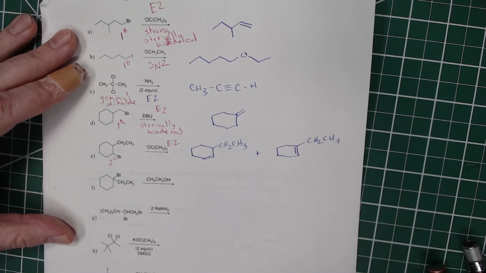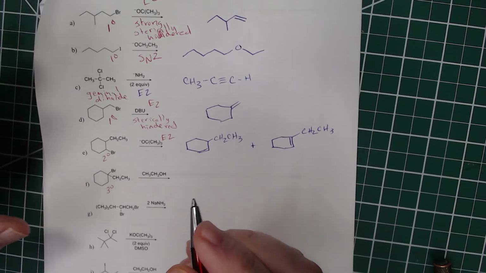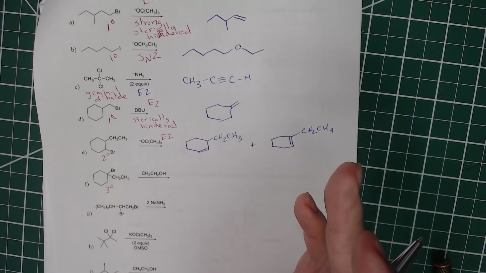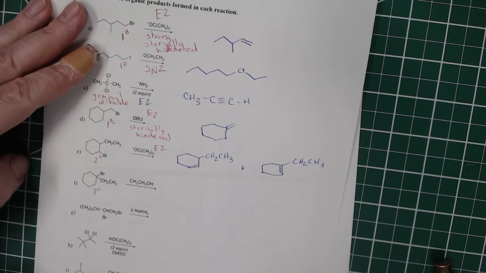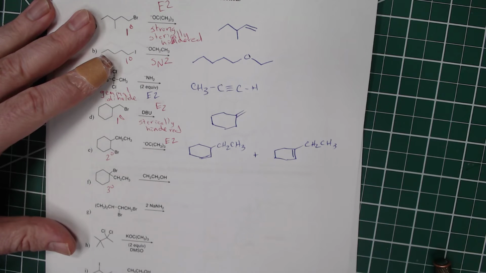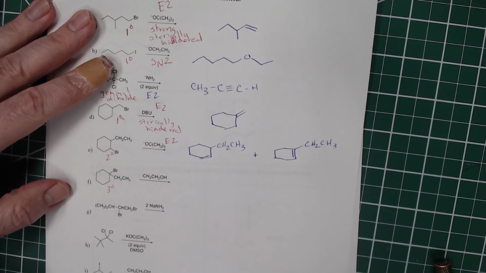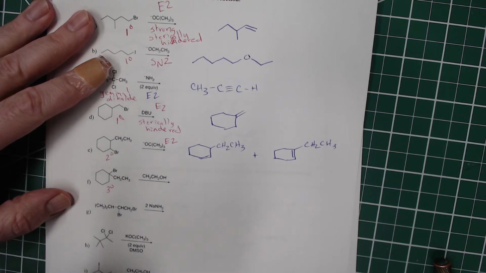All right, next we've got a tertiary alkyl halide. Tertiary is going to favor SN1 and E1, but it's also possible to do an E2 elimination with tertiary. So we have to see what our base/nucleophile is going to be.